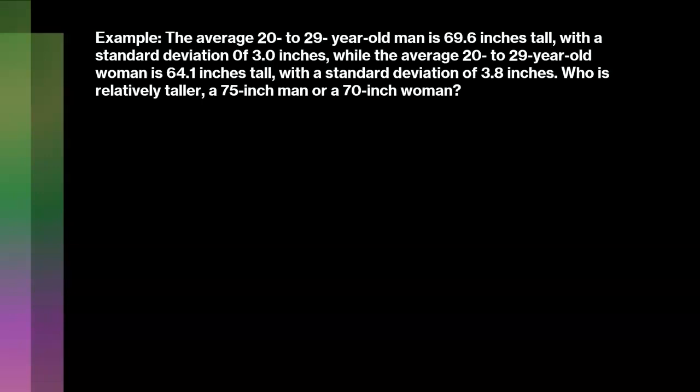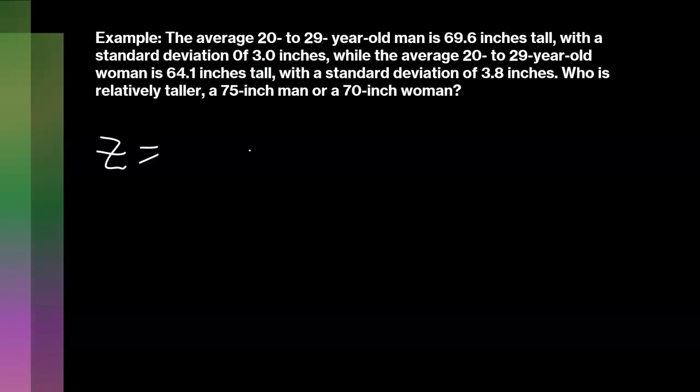So what we actually want to do is calculate the z-score for both the man and the woman. Here we go, let's do the z-score. And remember, it's our data value.